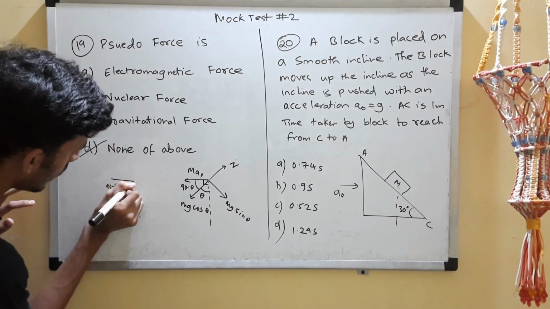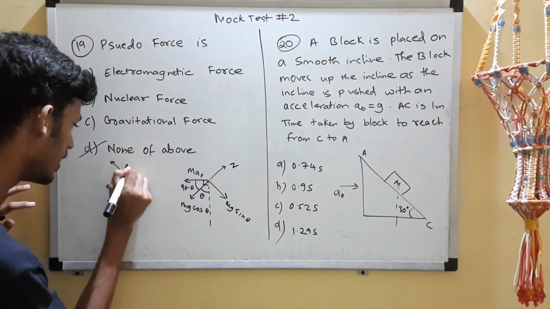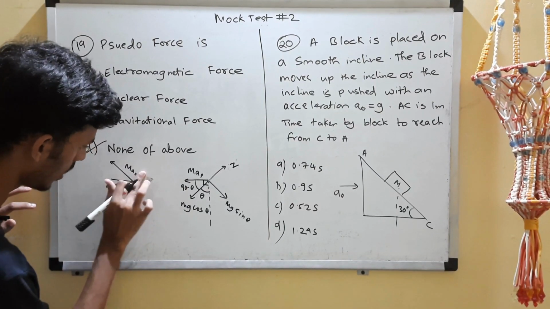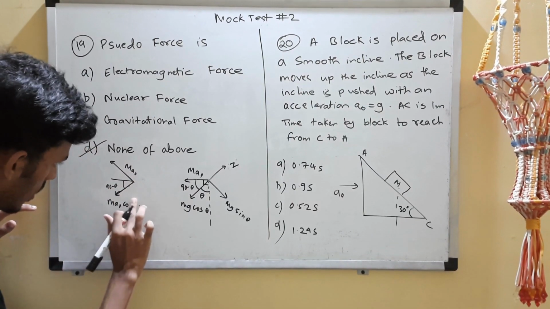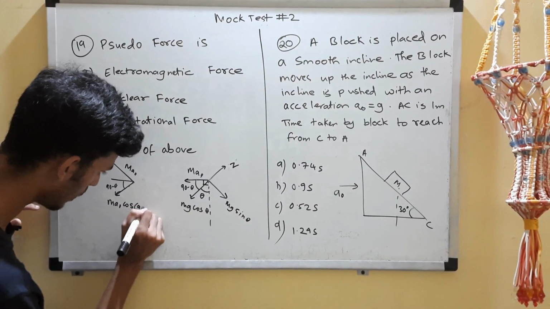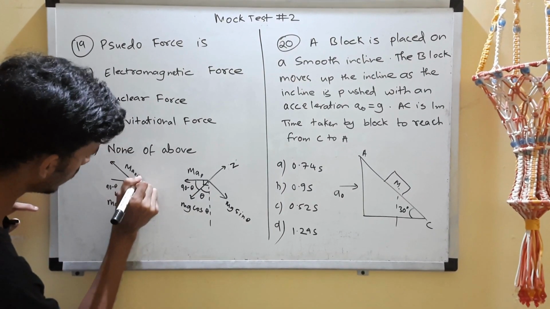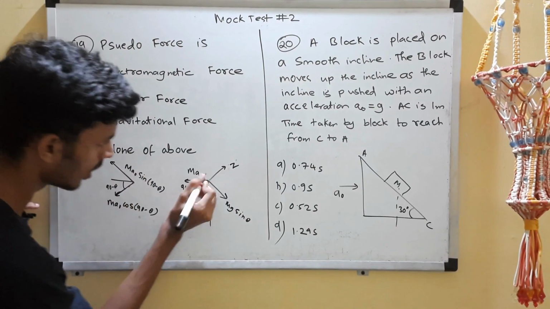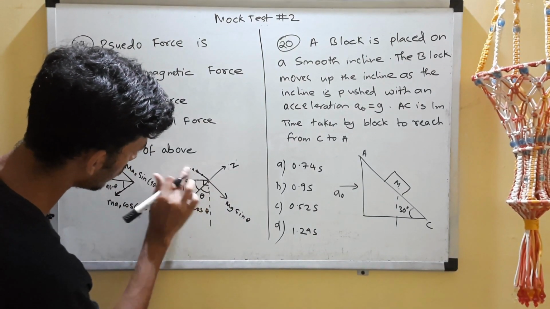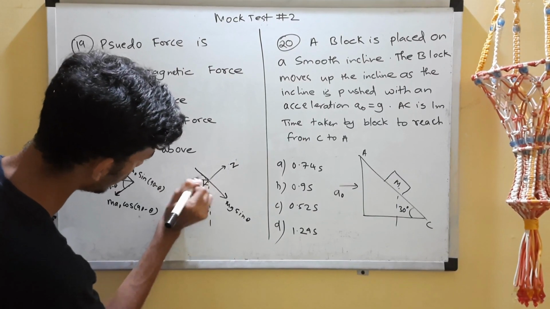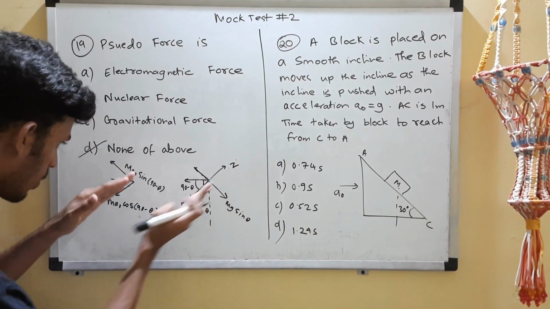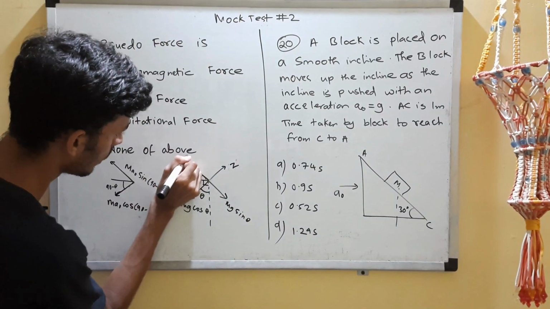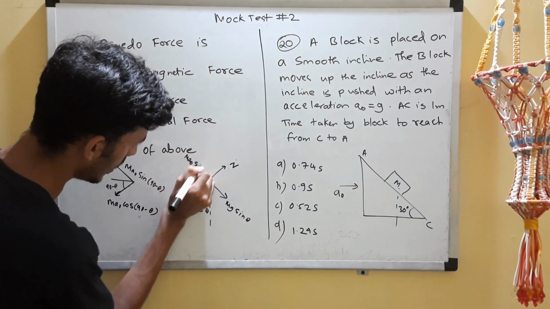And here we'll have ma naught sine theta, horizontal component, sorry, ma naught cos, and the theta over here is 90 minus theta, right. So I've broken this into two components, ma naught cos 90 minus theta, which is along this, and ma naught sine 90 minus theta.